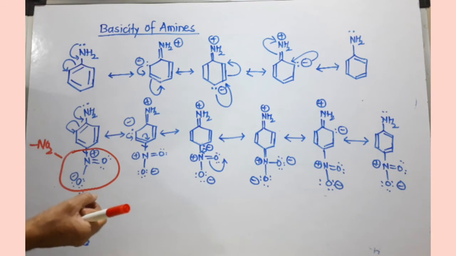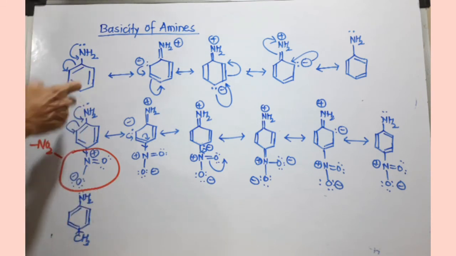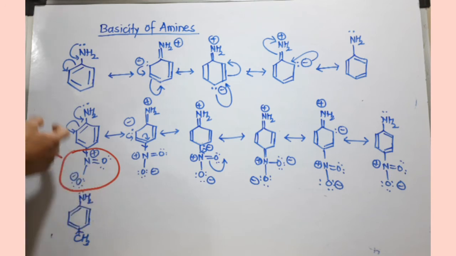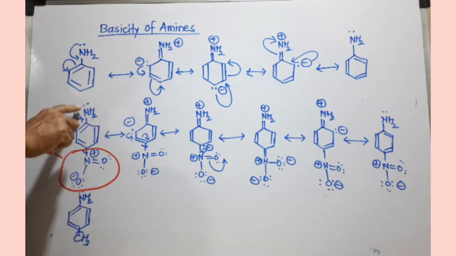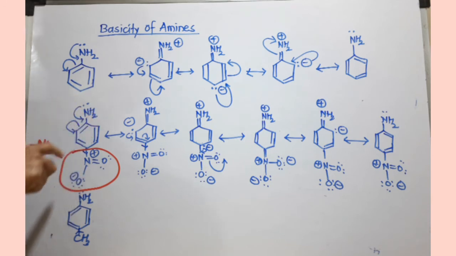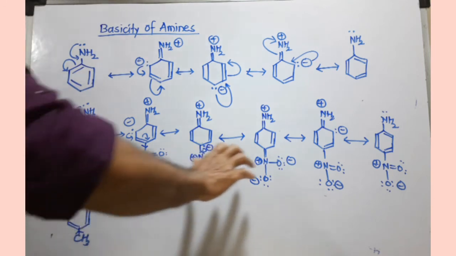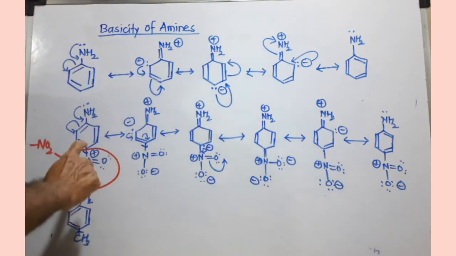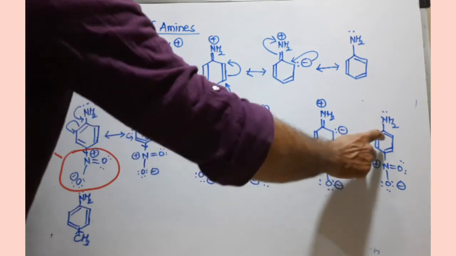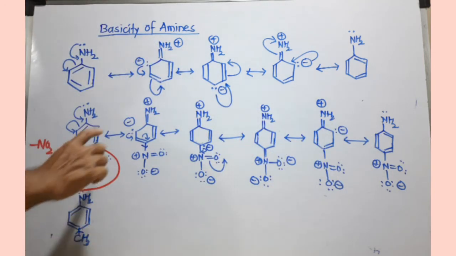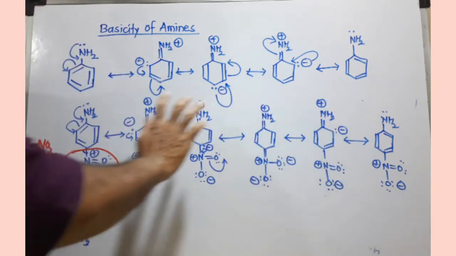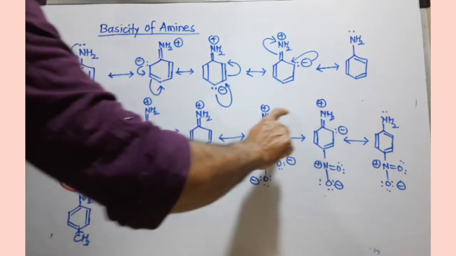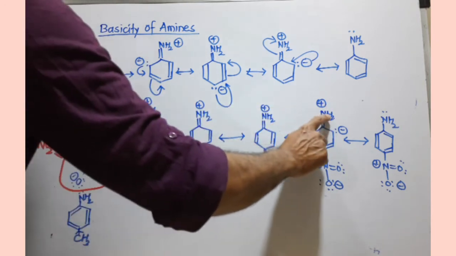It is an electron withdrawing group. This is one thing. Electron withdrawing groups remove electron density from this NH2 group. Because of the minus I effect, electron density is decreased on the nitrogen of the amino group. And secondly, because of extended resonance, you can see here 1, 2, 3, 4, 5, 6 resonating structures, and 4 of them have no lone pair on the nitrogen.